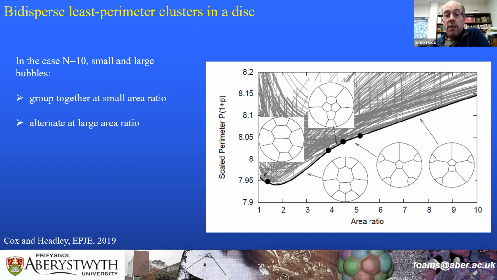And so we've got 5 different possibilities for area ratio from 1 to, well, above 6. It seems not to change. And so the conclusion is that small bubbles cluster when the area ratio is small. When the area ratio is large, those small bubbles like to sit in the gaps between the large bubbles.